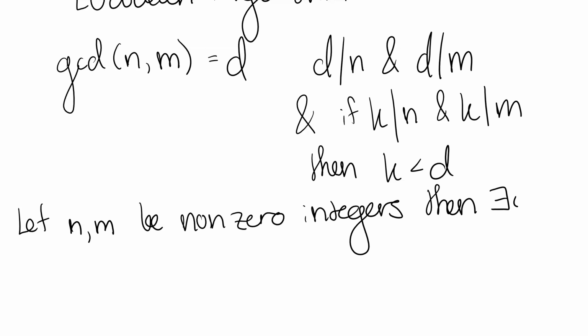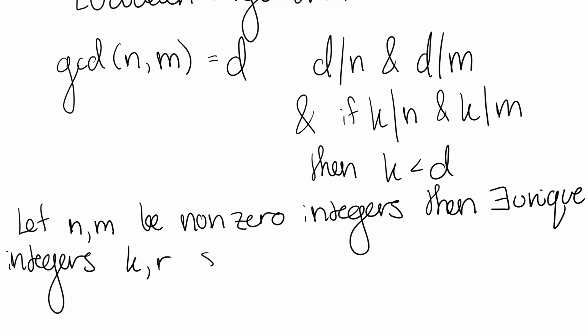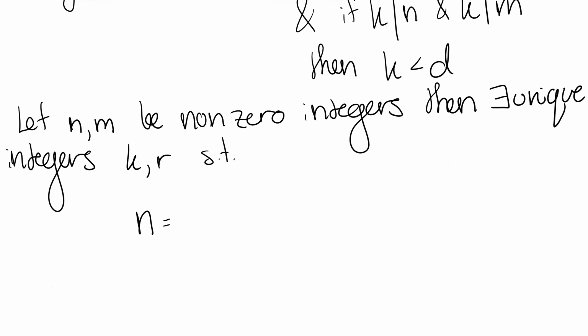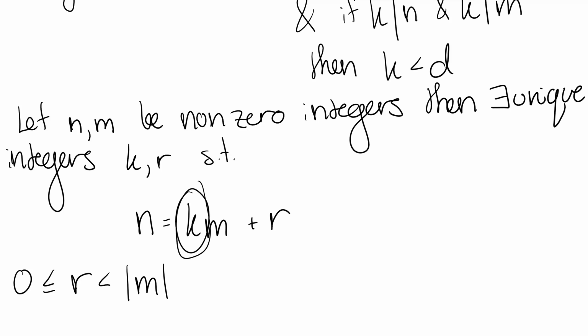Then there exist unique integers, say K and R, such that N equals Km plus R, but remember we have one last thing, where R could be 0, but it's definitely less than the absolute value of M. The way that you think about it is, if we did divide N by M, how many times would it divide into it?